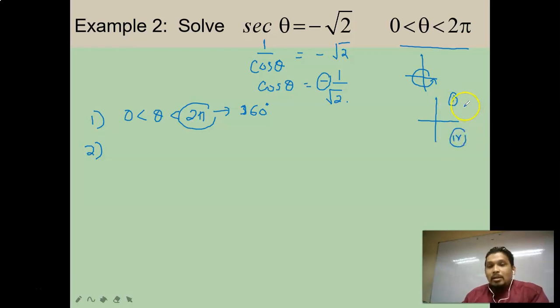In first quadrant all of sine, cos and tangent are positive, and cos is also positive in the fourth quadrant. So meaning here, when we are given cos theta equal to negative, we are talking about the second quadrant and the third quadrant. So from here, theta lies in second and third quadrant.